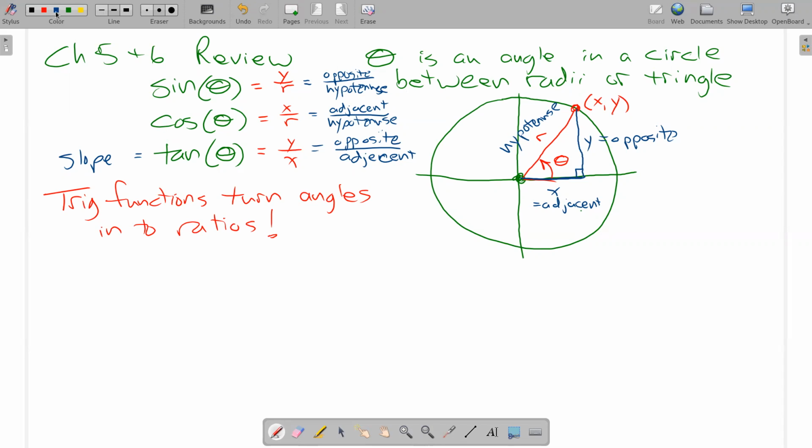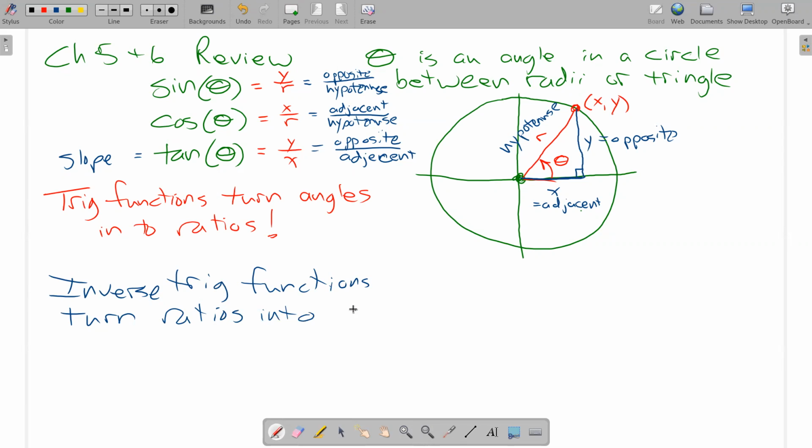Inverse functions, on the other hand, just reverse that procedure. So any inverse trig function turn ratios into angles. So let's look at some specific examples of that.